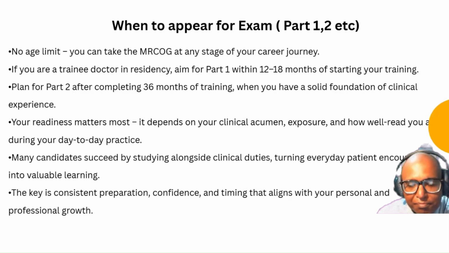So better to have at least 36 months of training and build your solid foundation, and then appear for part 2. And for part 3, you need to clear your part 1, part 2, and you should have a minimum of 4 years of training in obstetrics and gynecology. That is the eligibility for part 3.